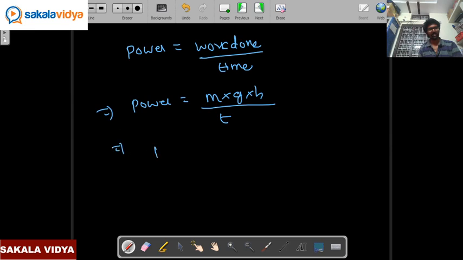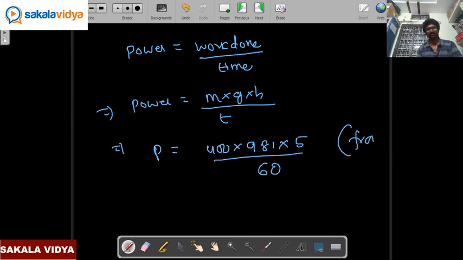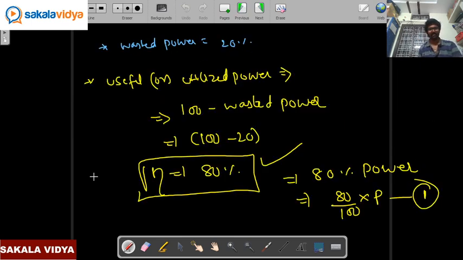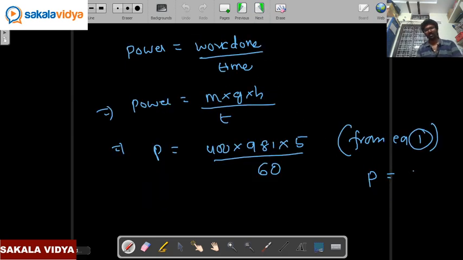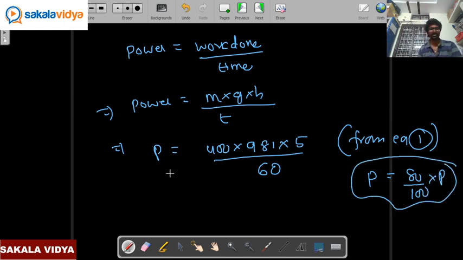Mass is 400 kgs, acceleration due to gravity is 9.81, depth 5 meters, time period of 60 seconds. From equation 1, so what is our power? P from equation 1 is 80 by 100 into P, which means 80% of power is utilized. So I am going to substitute this equation 1 here.